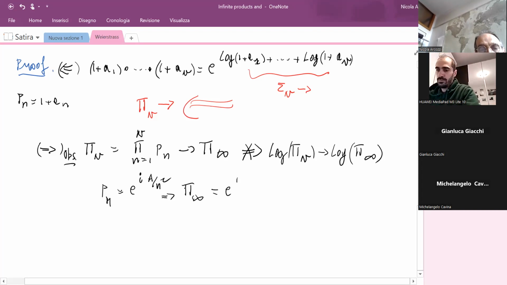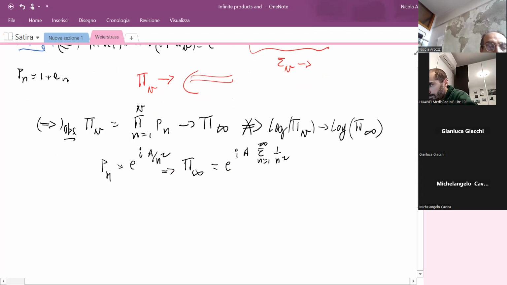is like e to the i a sum for n from 1 to infinity of 1 over n squared, and the log of p infinity, well, it's not typically.